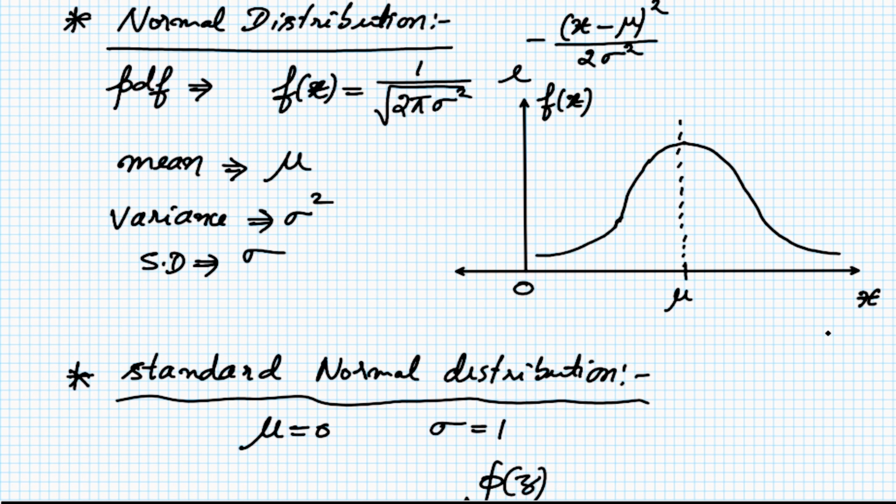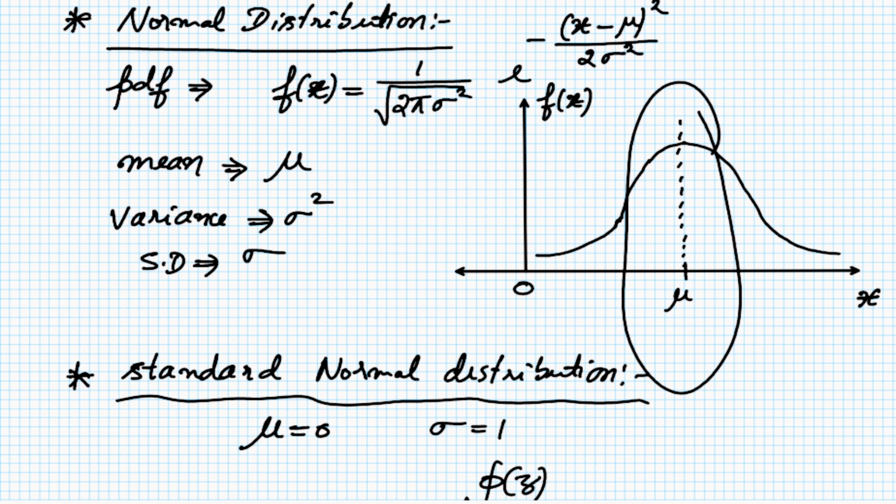After that, we considered how to convert this distribution into some standard format, because the normal issue associated with the normal distribution is that it is present on the right side or the left side of the y-axis. It is centered not around x equal to 0, but around x equal to its mean value mu. So the highest point we get is around the mean of that particular variable.